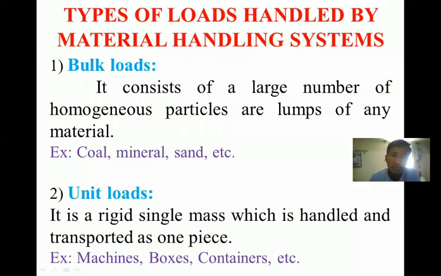Bulk loads consist of a large number of homogeneous particles or lumps of any material. The best example is sand. You need some containers to transport it from one place to another. This type of load is called bulk loads.